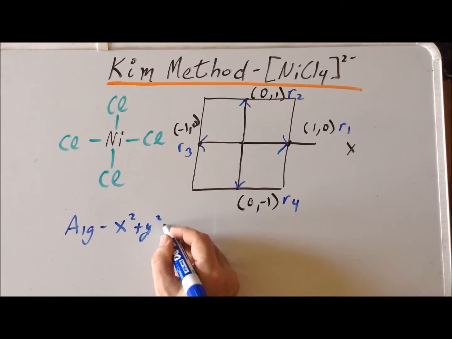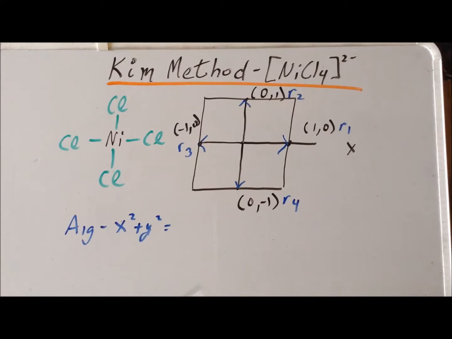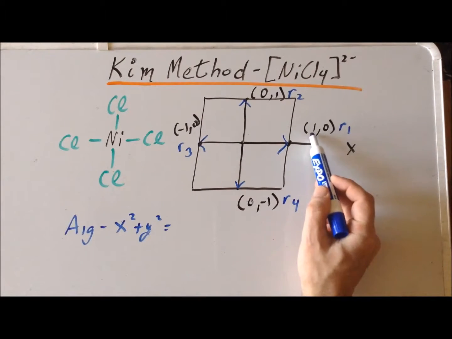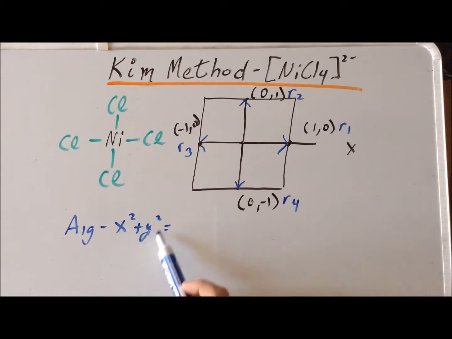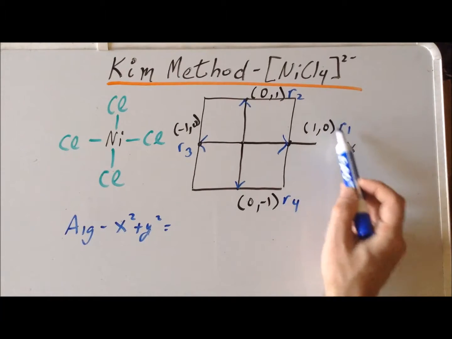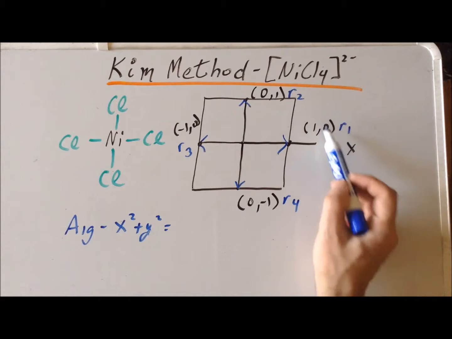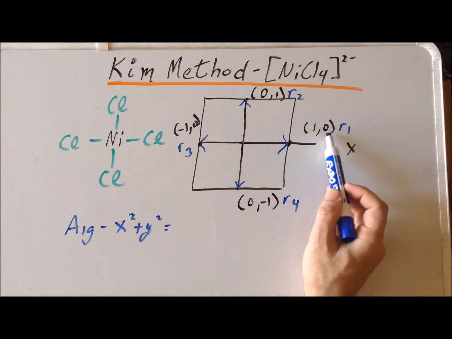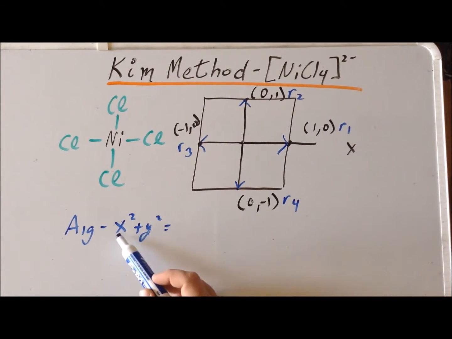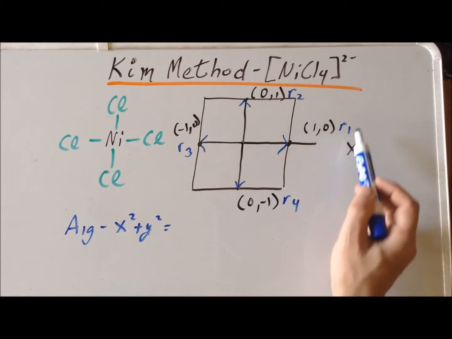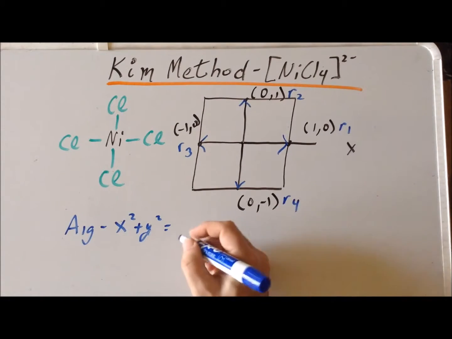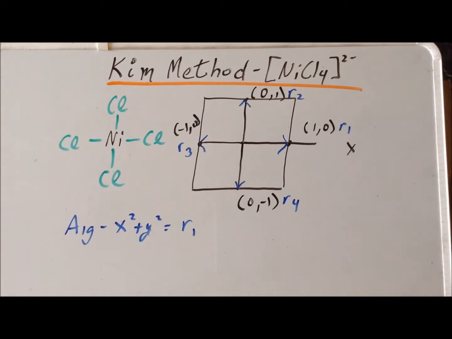The way we use that within the Kim method is that we substitute the values of these coordinates, the x or the y value, into this basis function, and this becomes the coefficient of the vector. So for example, for R1, the x value is 1 and the y value is 0. x squared ends up becoming 1, y squared is 0, 1 plus 0 is 1. So the coefficient of R1 is going to be simply 1.